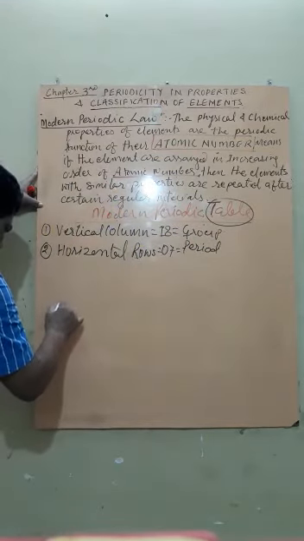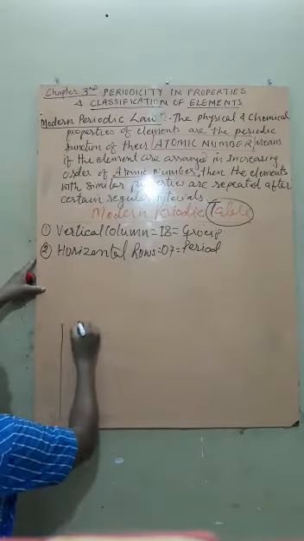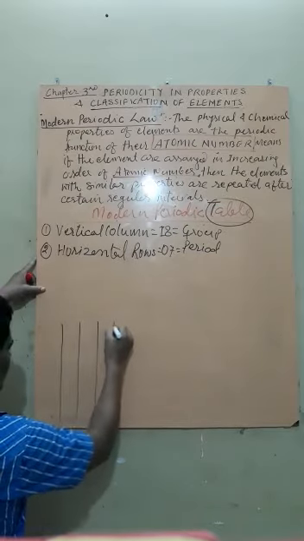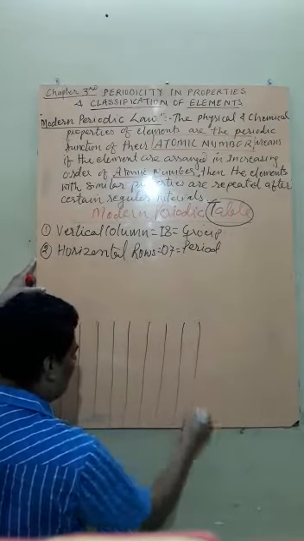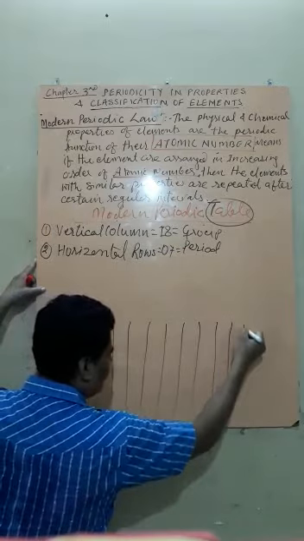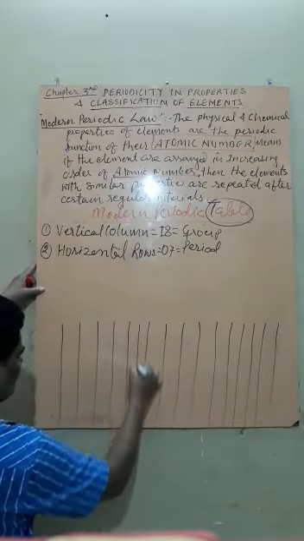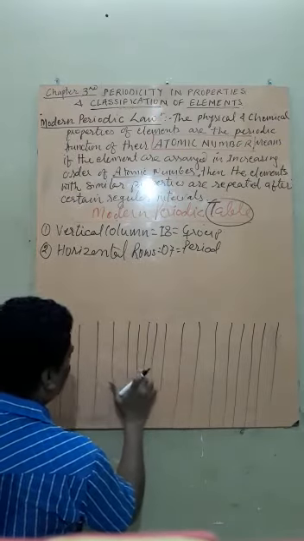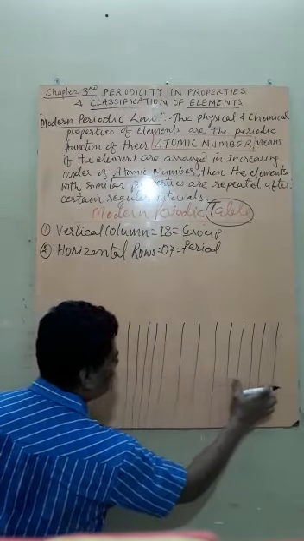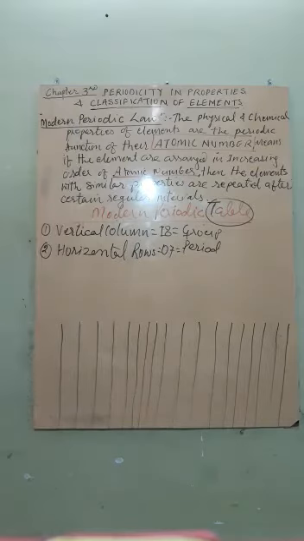We have to draw 18 vertical columns. 1, 2, 3, 4, 5, 6, 7, 8, 9, 10, 11, 12, 13, 14, 15, 16, 17, and these become 18. That becomes the vertical columns.